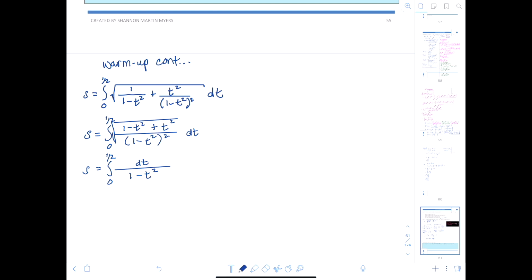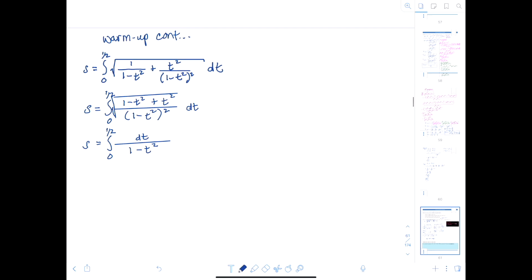Now, since we did do this square root, there's a good chance that we may end up with a sign change at the end. So we'll just keep that in mind. Now, how do you integrate this? This is a good review of a certain skill.